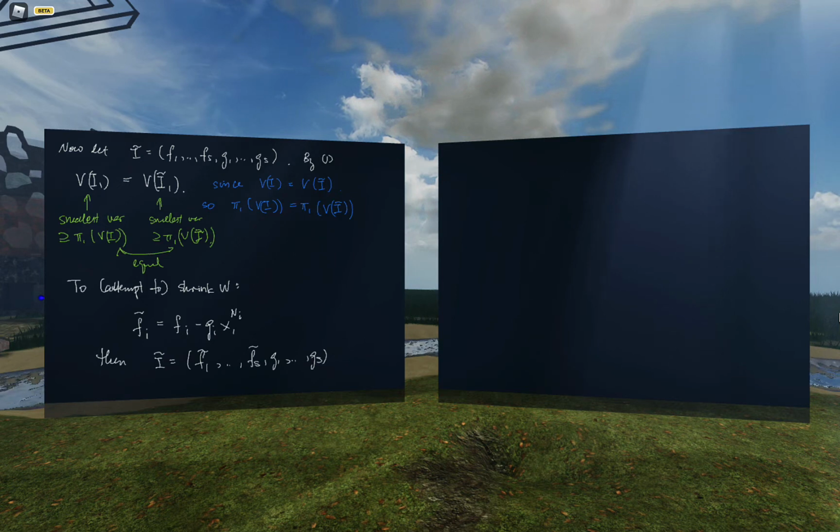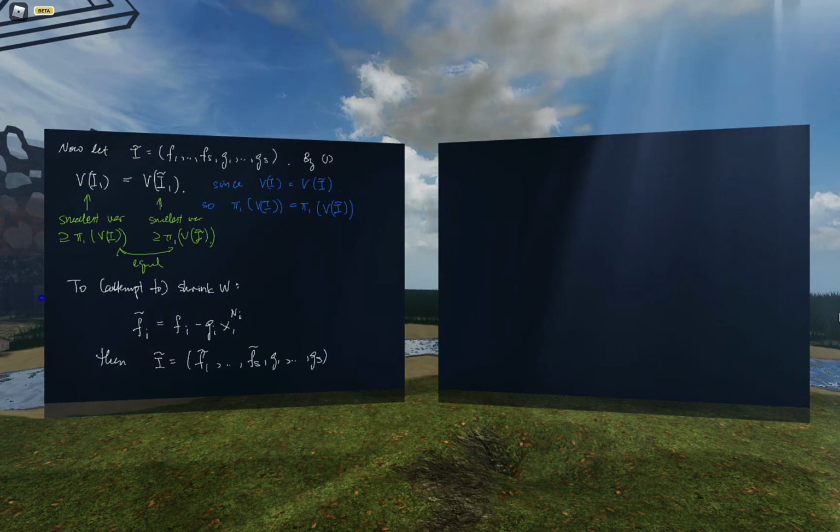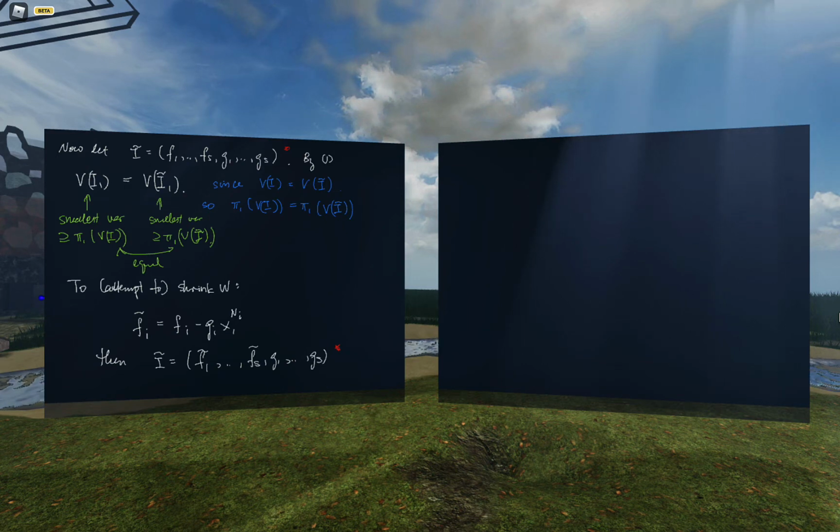So why do these generate the same ideal? Because the G's are in it, we can just do some linear combination. So these two ideals are ostensibly given by different generators, but really they're the same ideal.